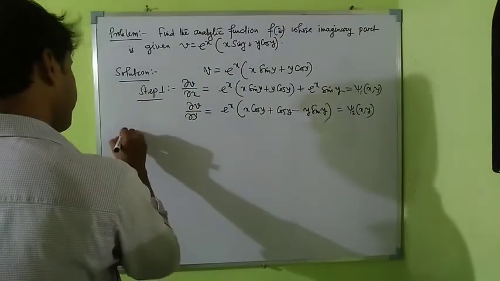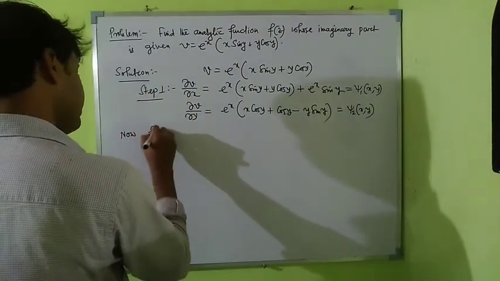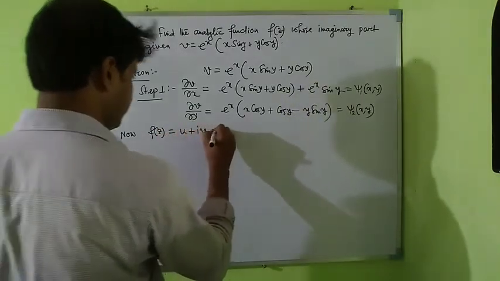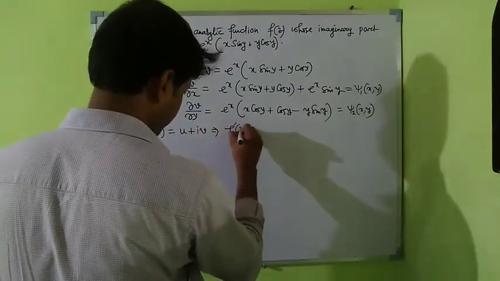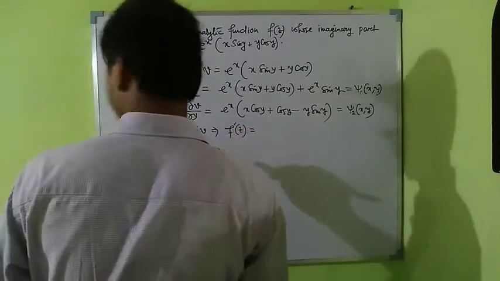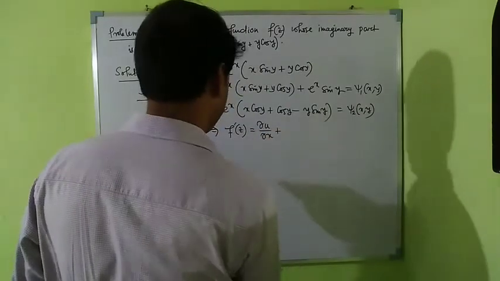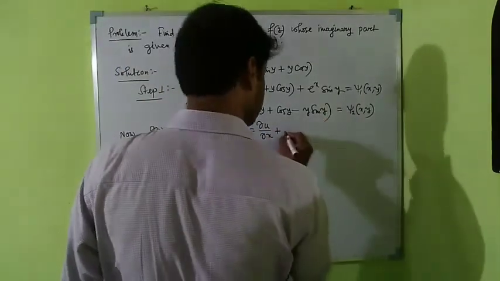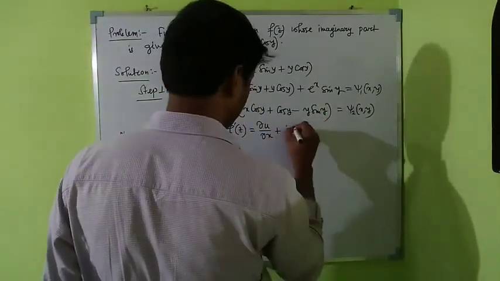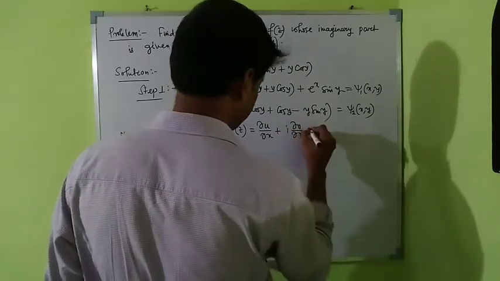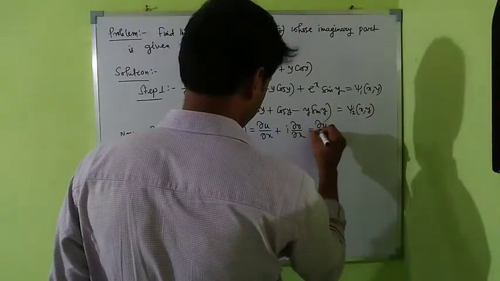Now f(z) equals u plus iv, which implies f'(z) equals del u/del x plus i del v/del x.